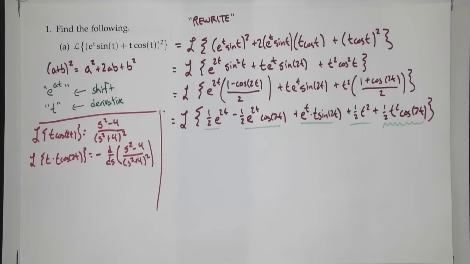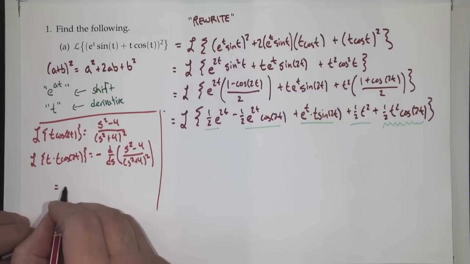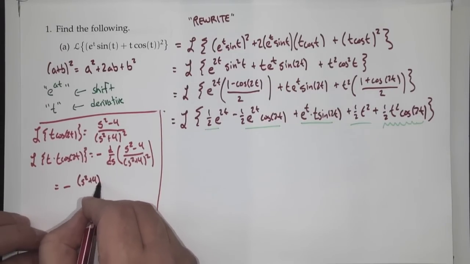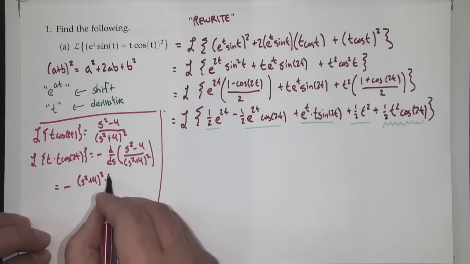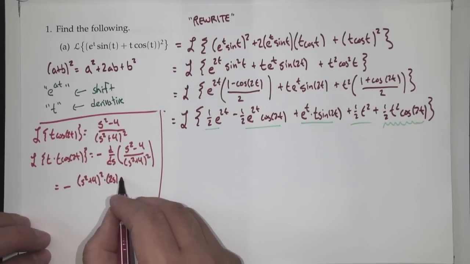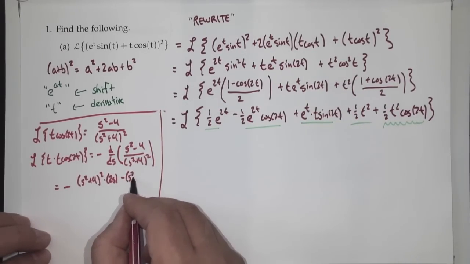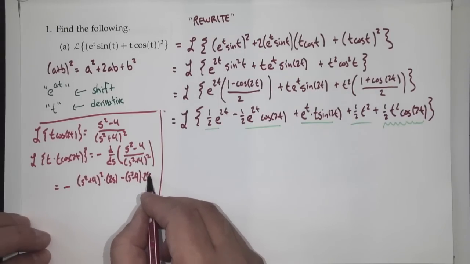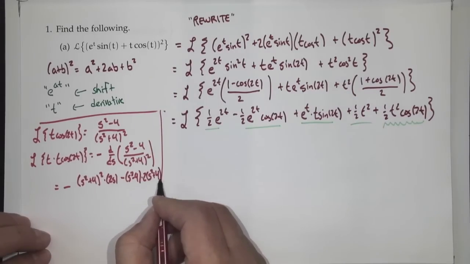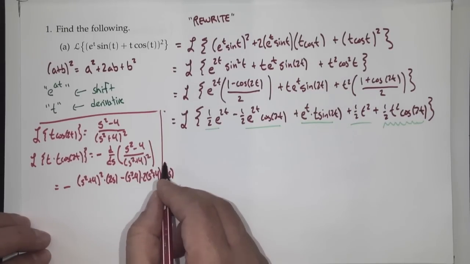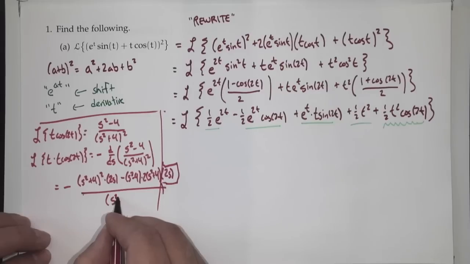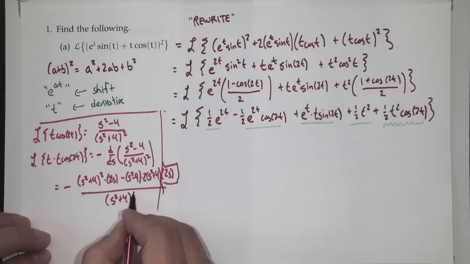Well, okay, we'll do it with the quotient rule. So we have minus, we take the bottom, s squared plus 4 squared, times the derivative of the top, 2s, minus the top, s squared minus 4, times the derivative of the bottom. And of course, at moments like this, I realize I did not plan very well. But okay, all right, over the bottom squared.